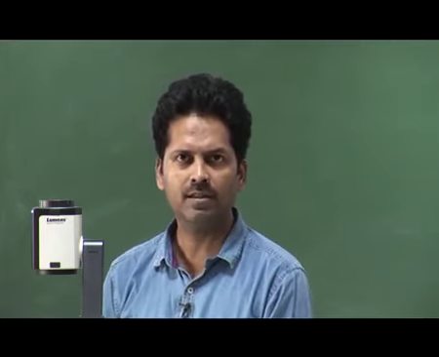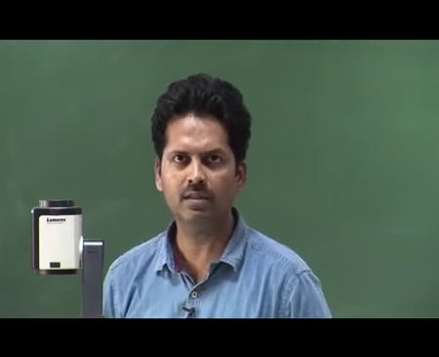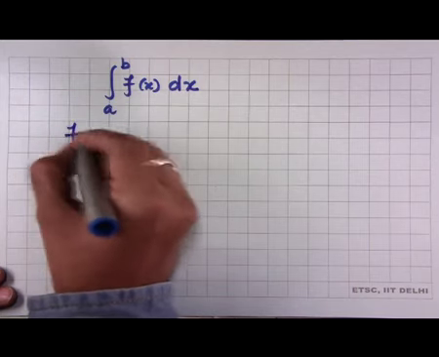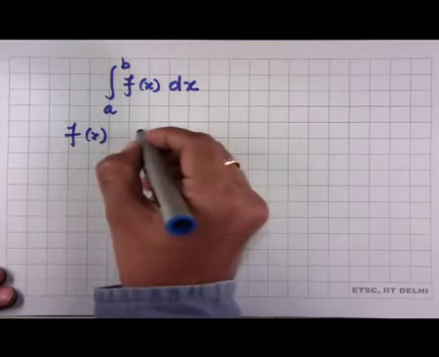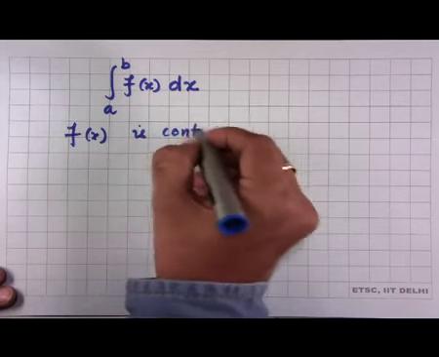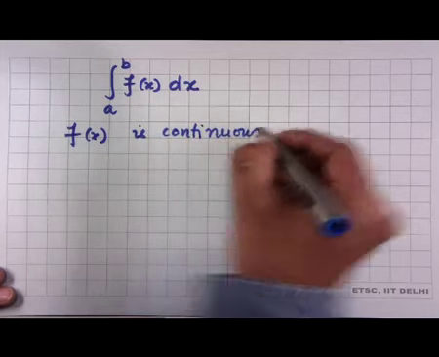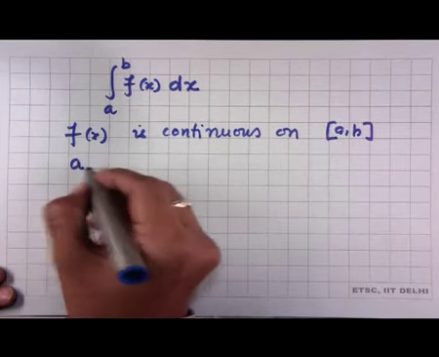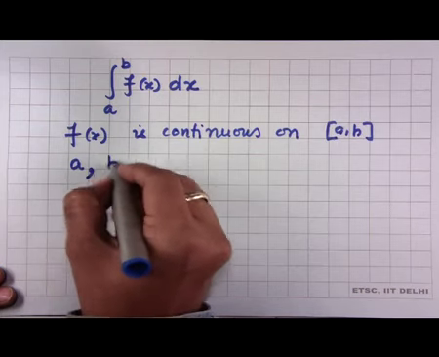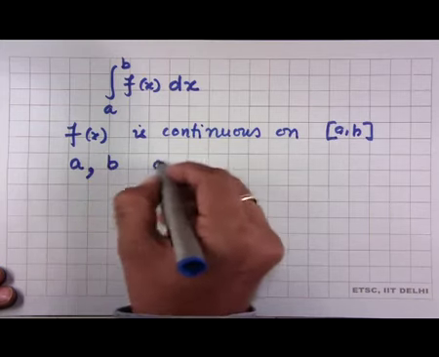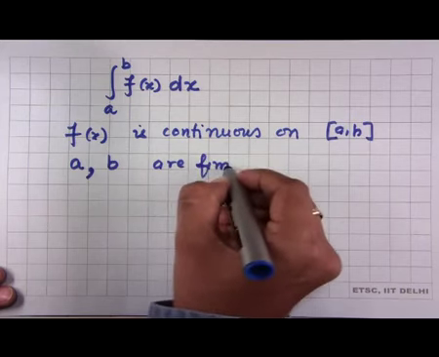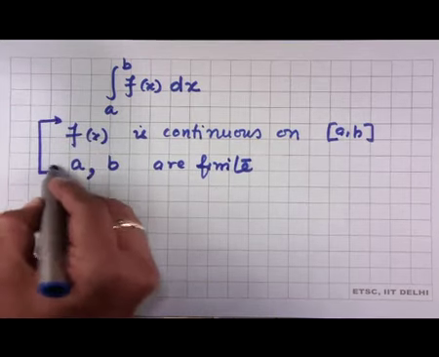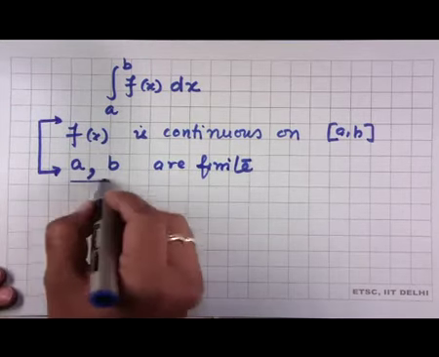A definite integral is written in this form, where we have taken f(x) to be continuous on the closed interval a b, and both endpoints of the interval are finite. So, whatever problems we have solved, f(x) was a continuous function, and both a and b are finite.